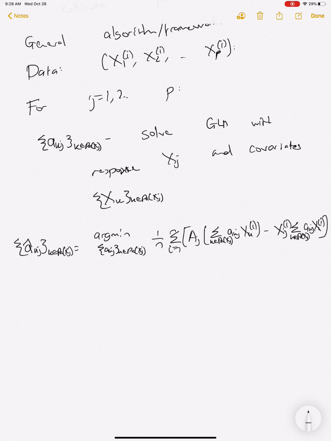Okay, so you just solve, and then you just do this for each of your regressions.